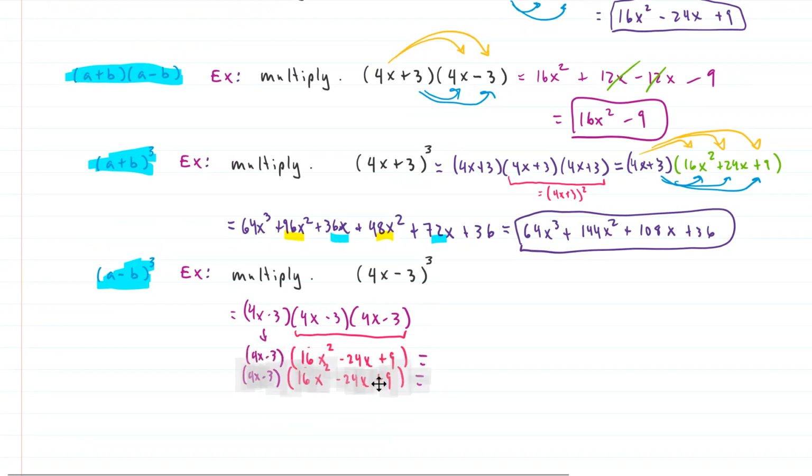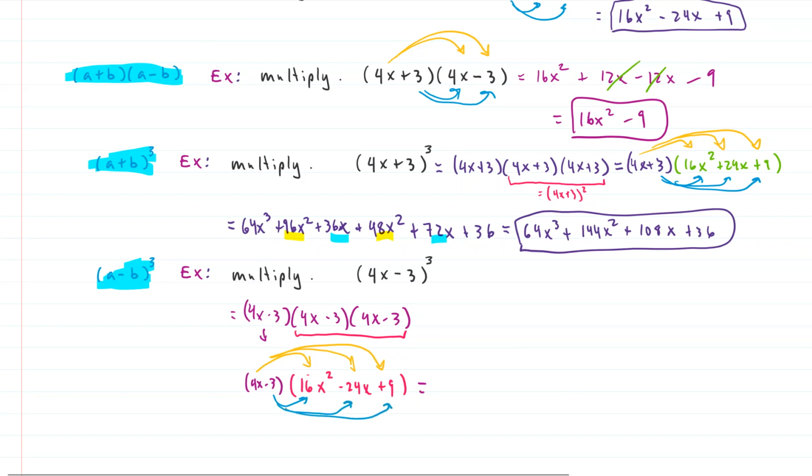Let's give ourselves a little bit more room because I'm going to draw the arrows, multiplication arrows. I don't want it to be too crowded. All right. So again, 4x and 16x squared give us 64x cubed.